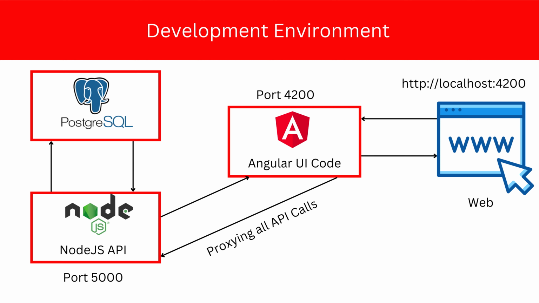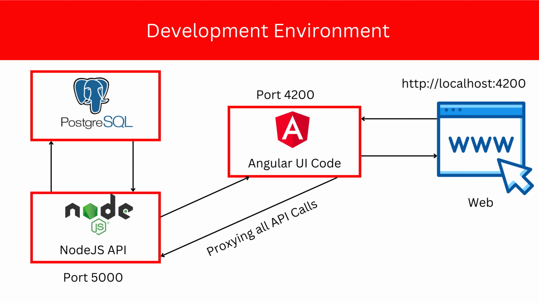So basically, for example, you hit localhost 4200 on the browser, and it loads the page from the Angular application. But the page needs to get the data from the database. So at that time, it will make the service call, and this service call will contain /API in the path.